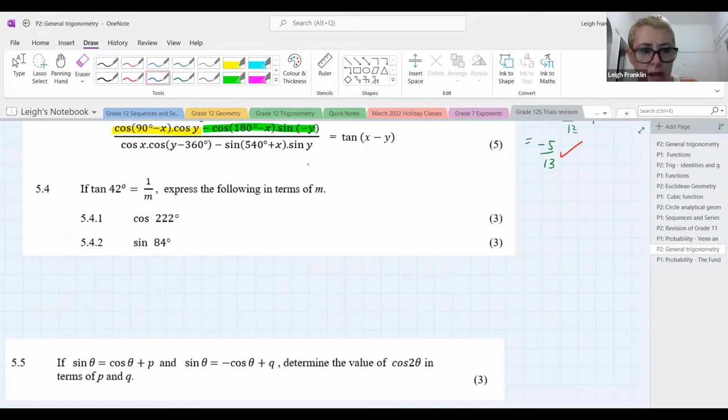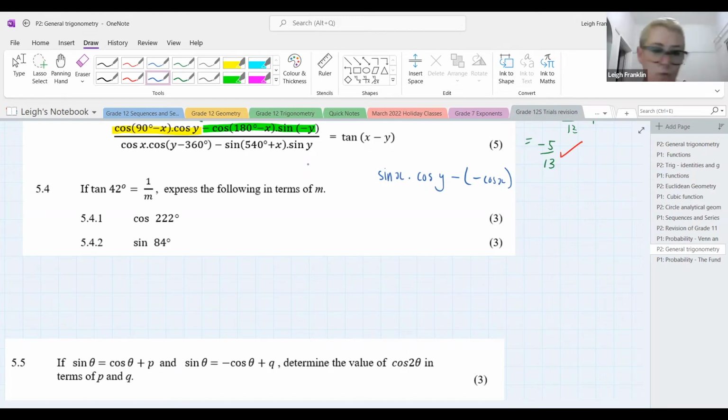First quadrant. Okay, so that means that cos(90 minus x) would reduce to sine x. Cos y doesn't need to reduce, it is already reduced, so we would write that as cos y. Now, cos(180 minus x), that's quadrant 2, so that is going to reduce to negative cos x, times sine(minus y).